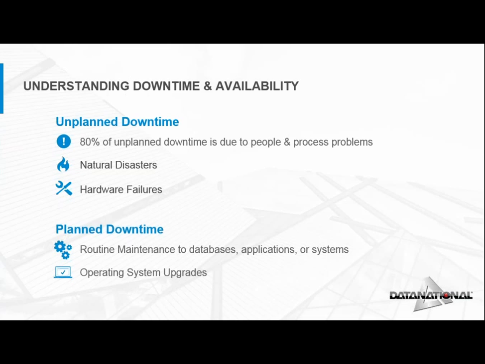The unfortunate scenarios are that 5 to 10%, where we've seen a whole wide range of things happen that you would typically not think of when it comes to having an outage. But the interesting fact that I put there is that 80% of all unplanned downtime is due to people or process problems.